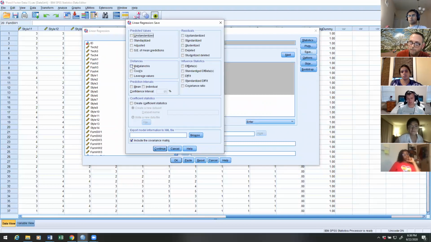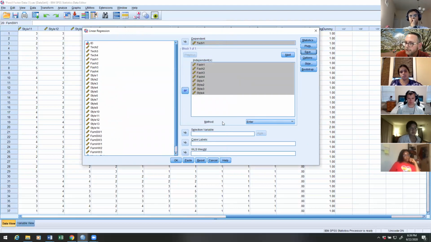You can just pick some things, and then click the Mahalanobis d-squared. You can also click Cook's as well, which you may do in regression and other things. They both measure distance. Mahalanobis d-squared is a better measure though. So that's what you probably want to do.